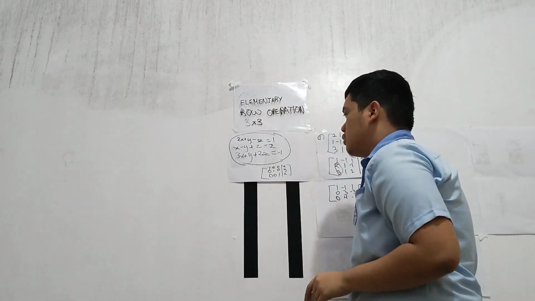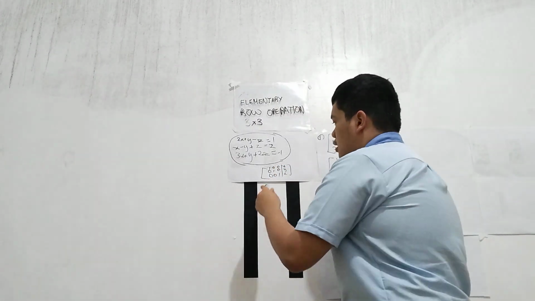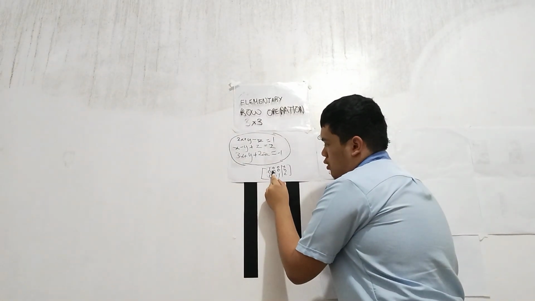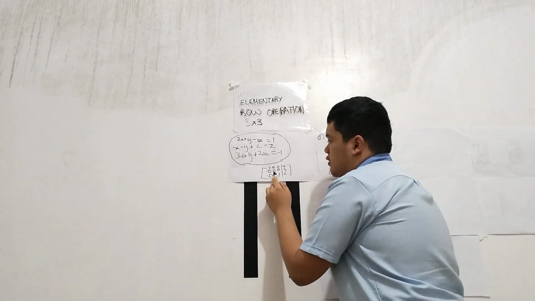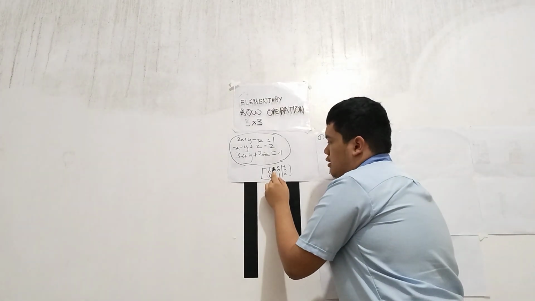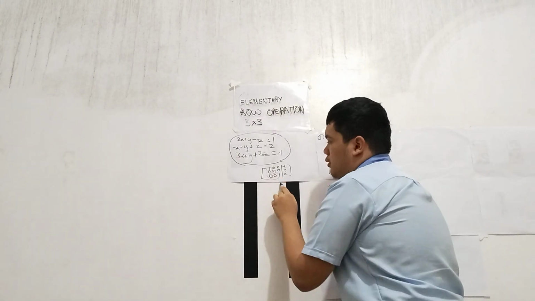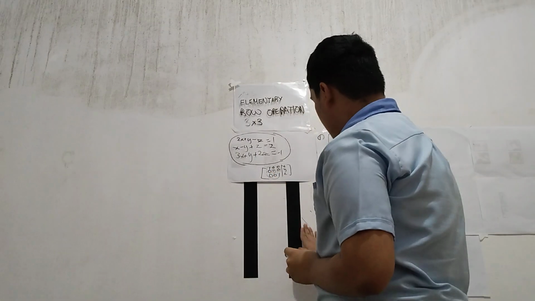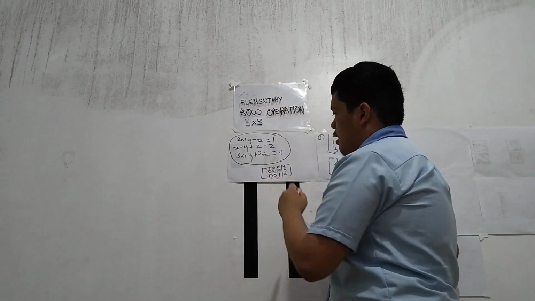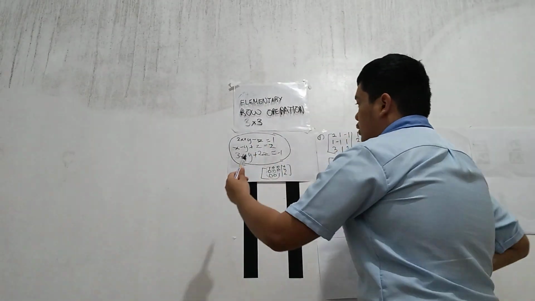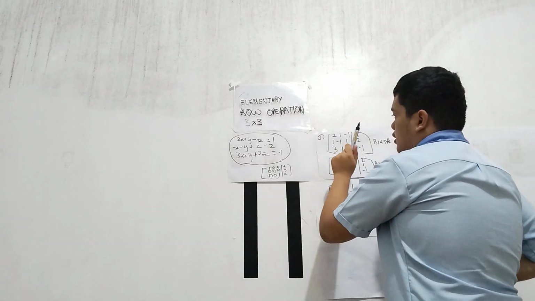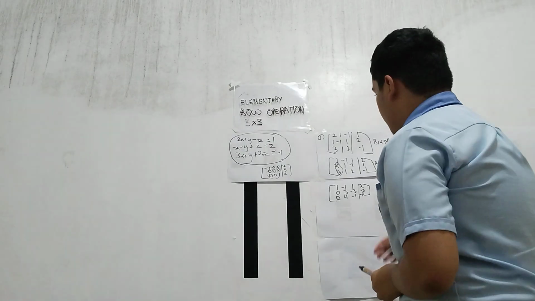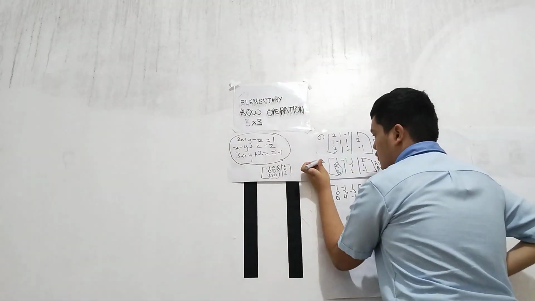In every equation you need to note that, and we need to zero this, and we need to make 1 on the third step, and make a 0 for the fourth step, and make a 1 for the fifth step.